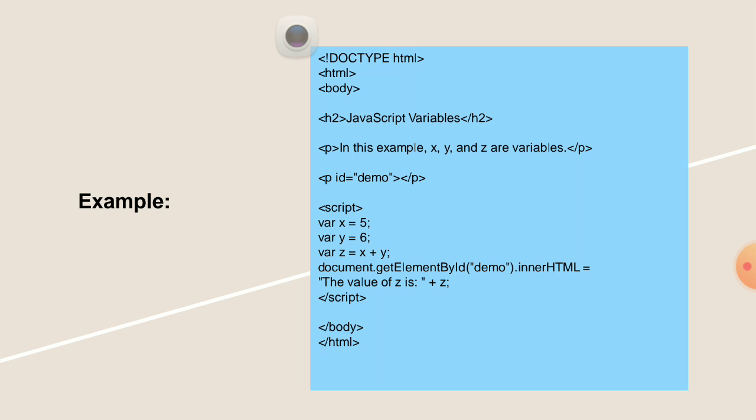Then we start the script: var x is equal to 5, y is equal to 6 and z is equal to x plus y. document.getElementById demo dot innerHTML, the value of z is plus z. Script close, body section close, then HTML close. So the output is this.